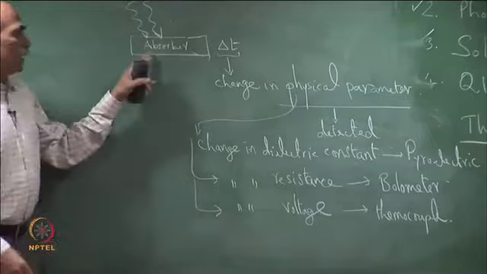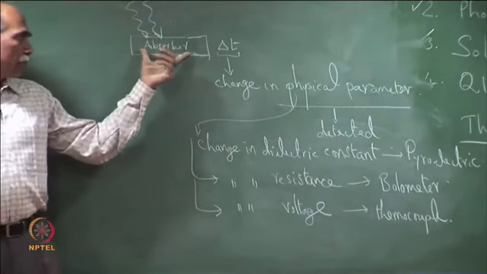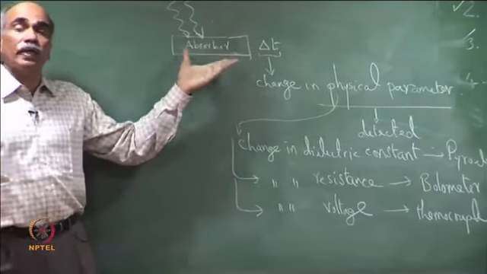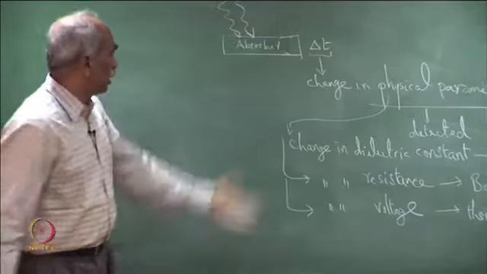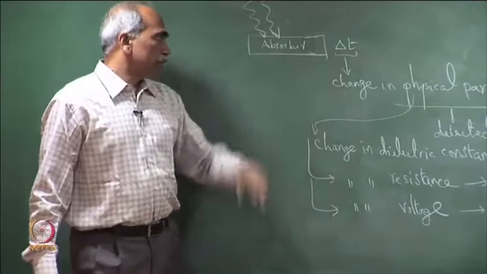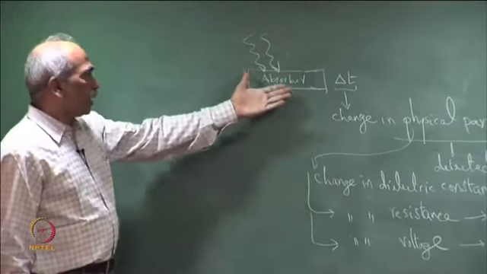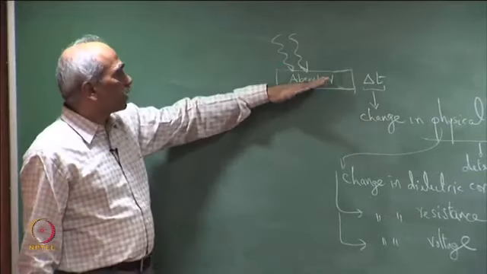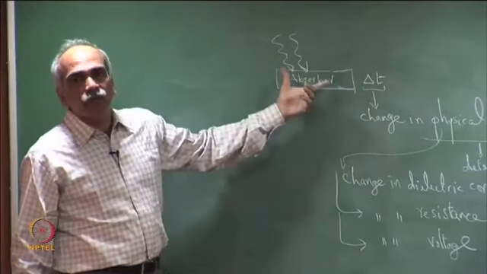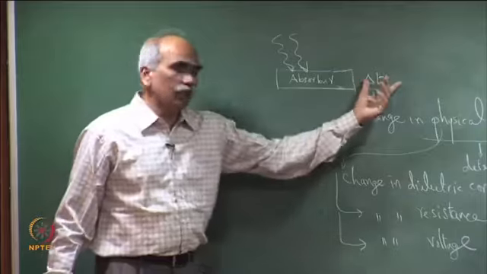It could be a mechanical change as well. For example, bimetallic absorbers could change, and correspondingly there could be a physical deformation depending on the change in delta T.